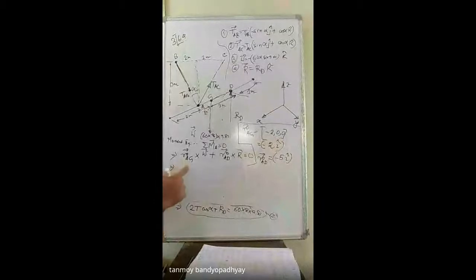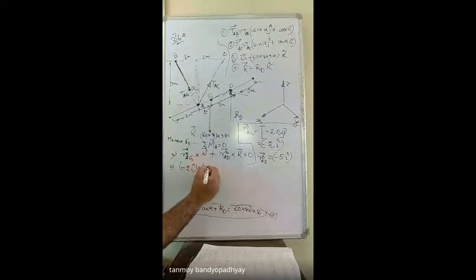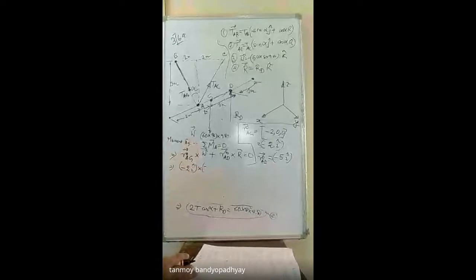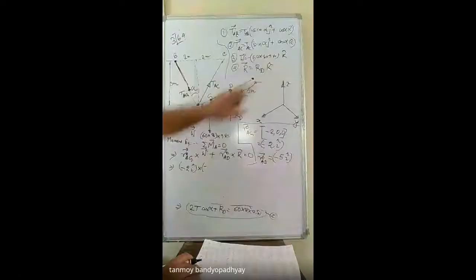So now if I put it here, it is -2i cross the weight. What is the weight? Calculate it, or I take g as 10. Sir, 4709. It comes to 4708.8, so 4709.